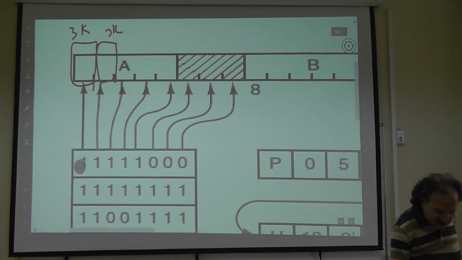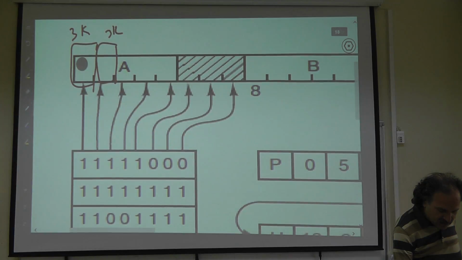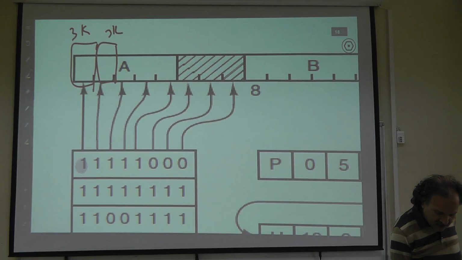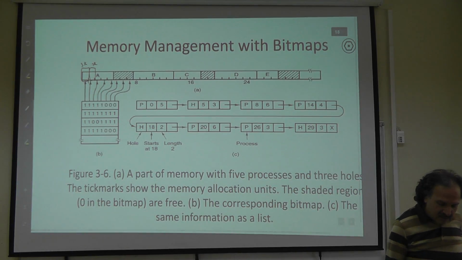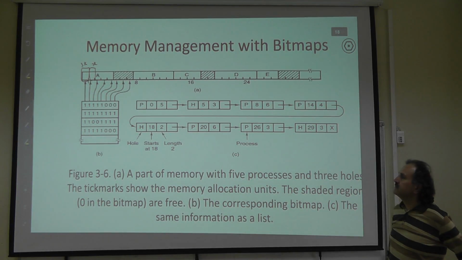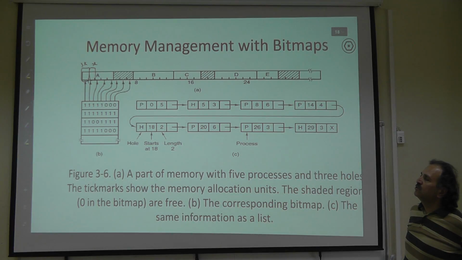This bit says that this 3K is occupied, this one is occupied, this one is occupied. So there are five ones because five of them are occupied. Then there are zeros, which are not occupied, then there are ones again. This is called memory management with bitmaps. Each bit represents an allocation unit. If it is occupied, it is 1. If it is not occupied, it is 0.